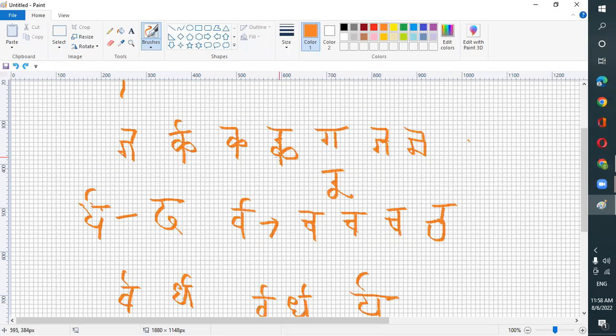Ka is always written like this when it is below. When something is written below that, this ka is used. When ka is below, it will always be written like that, every time. Okay.